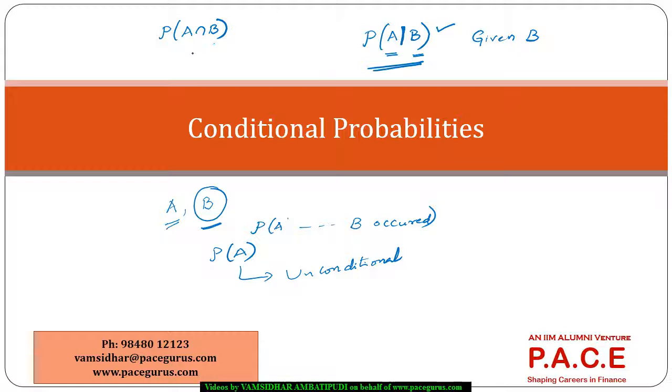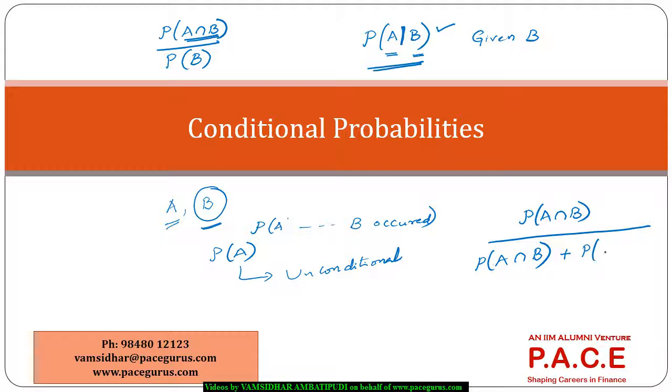So we want to find the probability of occurrence of both A and B divided by the probability of occurrence of just B. This could be with A or without A, which means it could have been written as probability of A intersection B divided by probability of B occurring with A or probability of B occurring without A, that is A complement intersection B, which is as good as probability of B occurring.